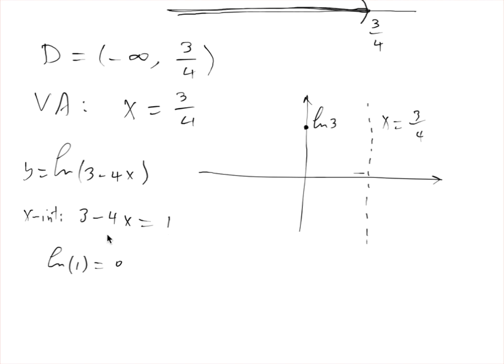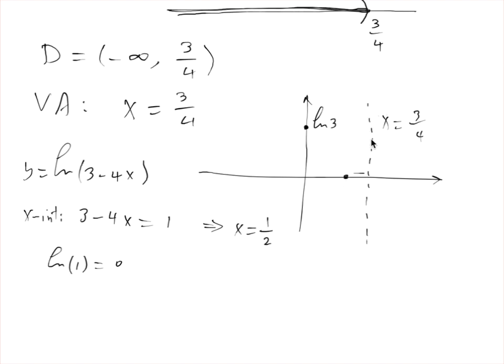When you solve this for x, I think you get 1/2. So that gives you x equals 1/2. When you solve it, you can subtract 3 and get -2 on that side, and then divide by -4, you get half. So that's the x-intercept, and that's the y-intercept.